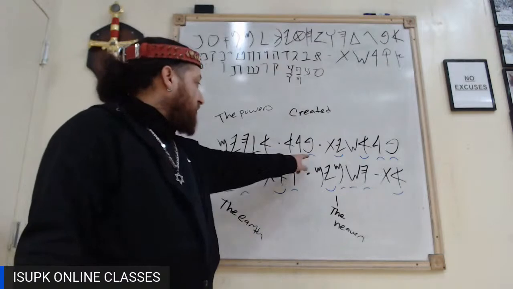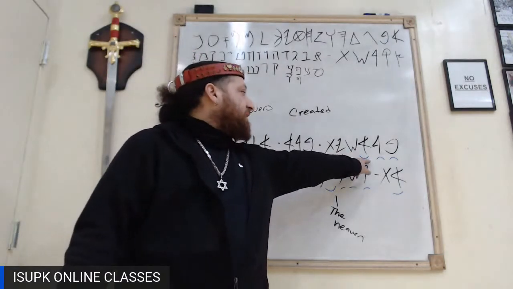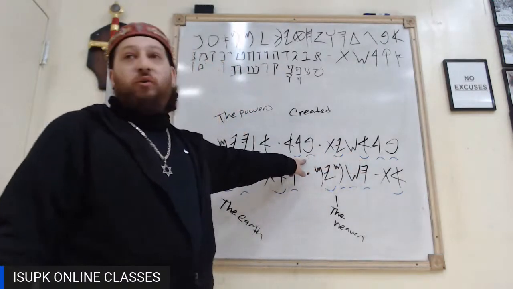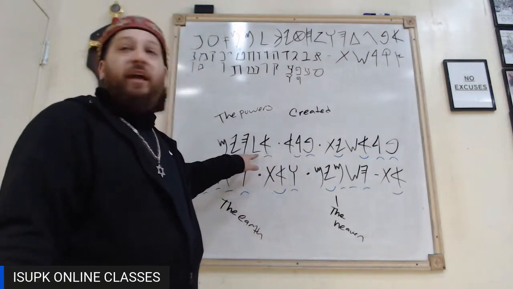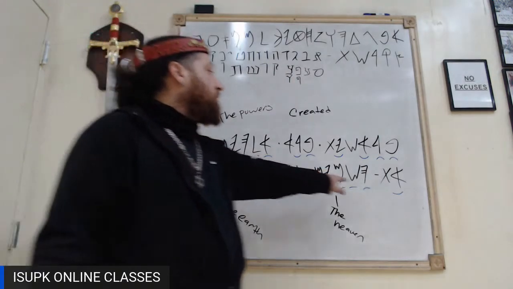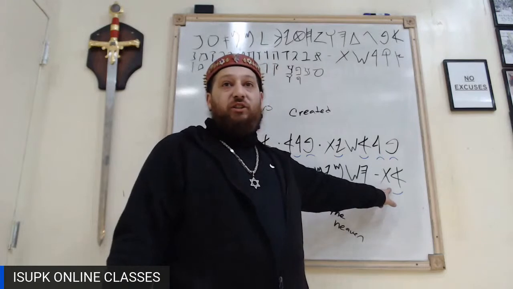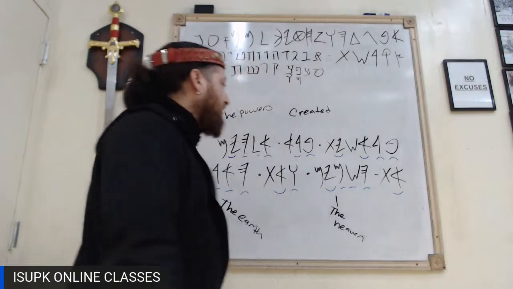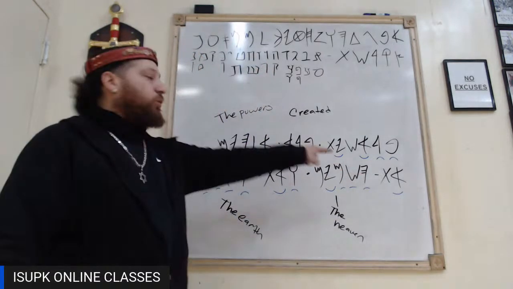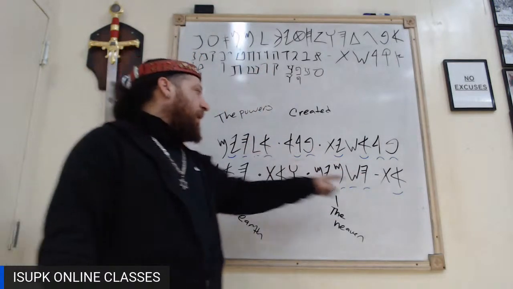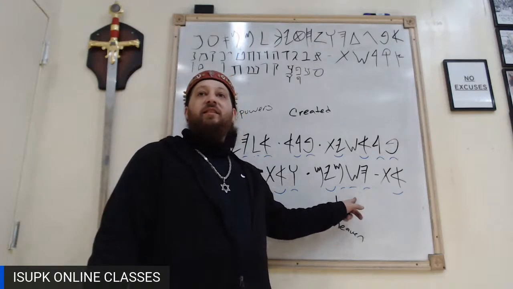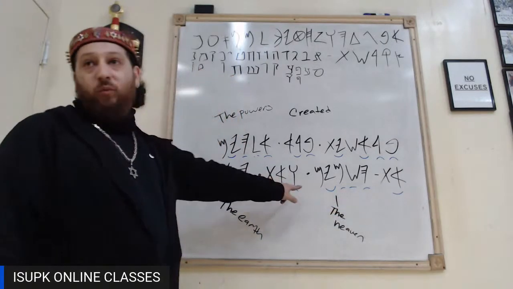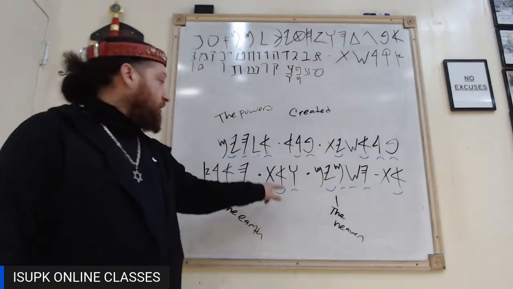So what you're seeing is, in the beginning, there was creation. Who created? The powers. Ath has no translation. It's a definite article marker, letting you know what the powers created. What did the powers create? The heavens. Wa'ath, what's wa? And.